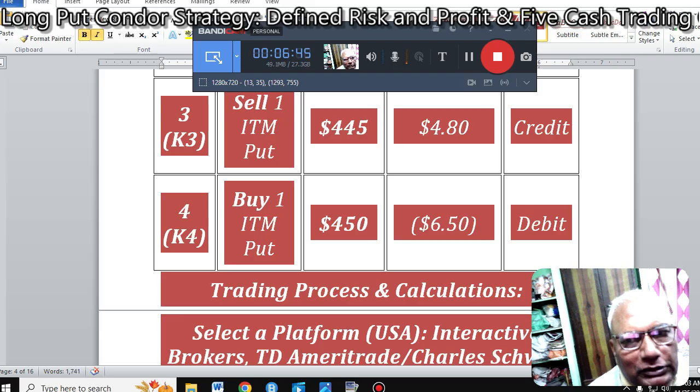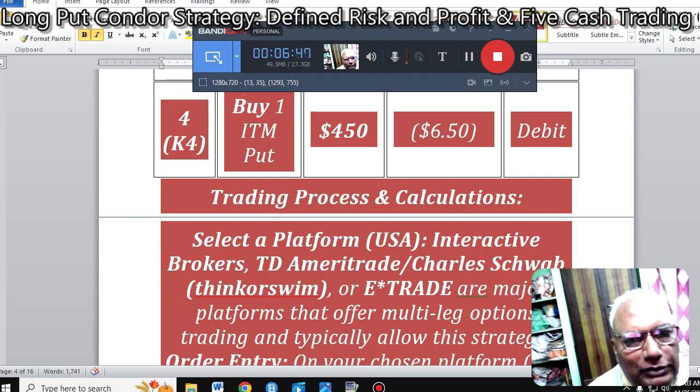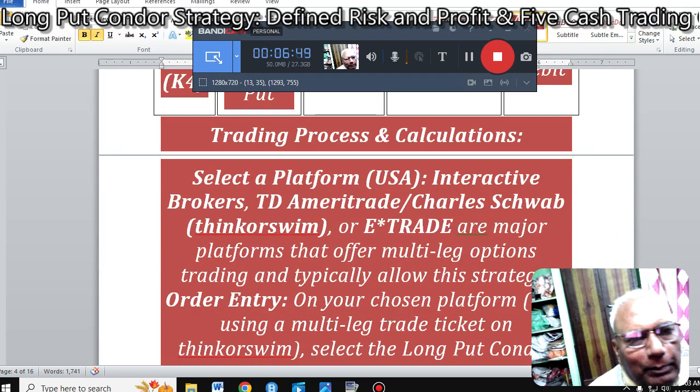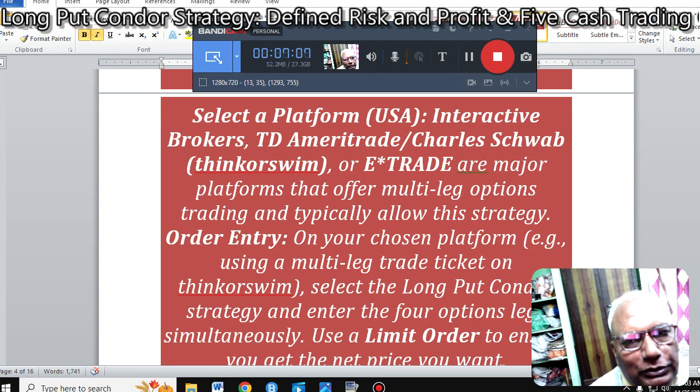Trading process. Select a platform in the USA. Interactive Brokers, TD Ameritrade, Charles Schwab, Thinkorswim, or E*Trade are major platforms that offer multi-leg options trading and typically allow this strategy.